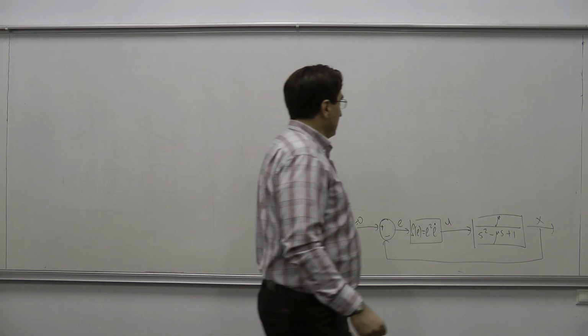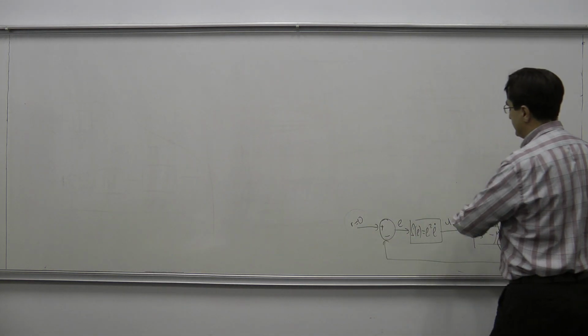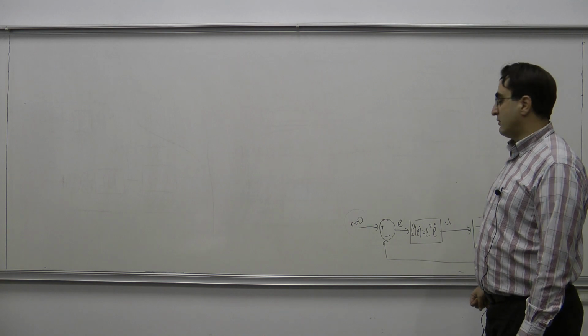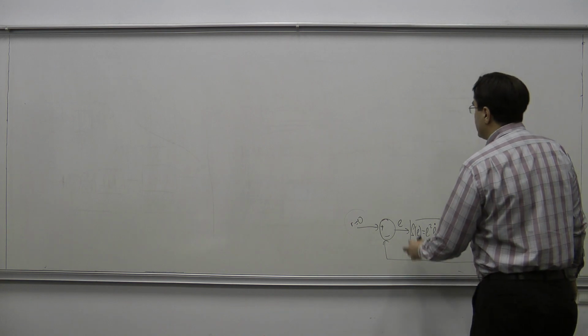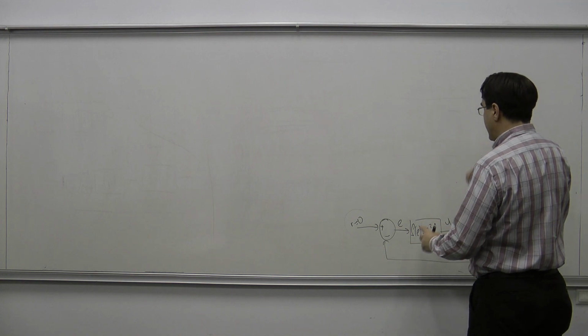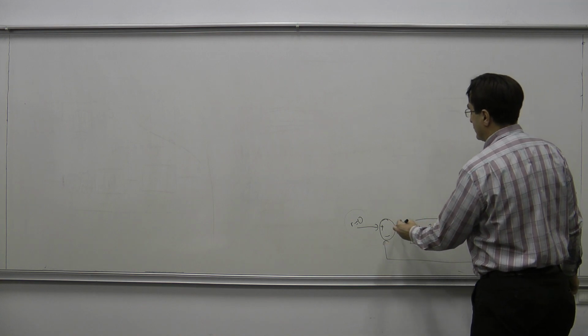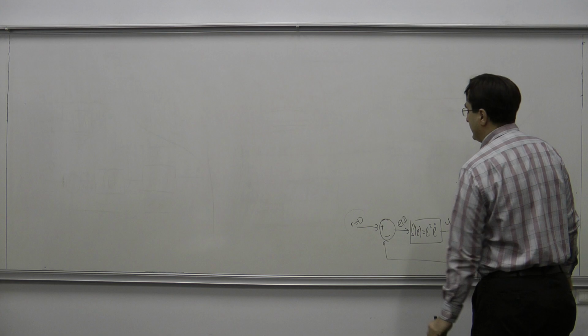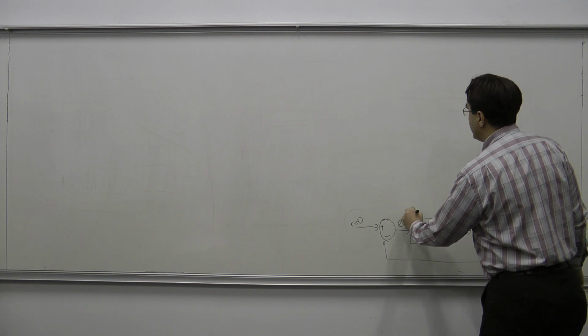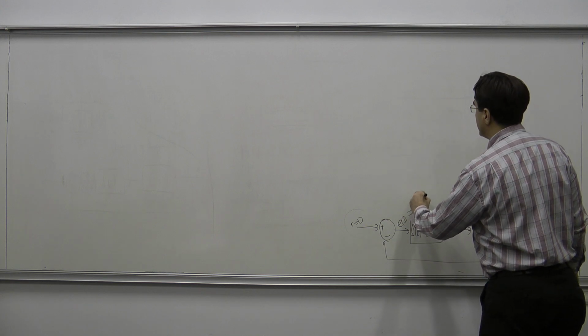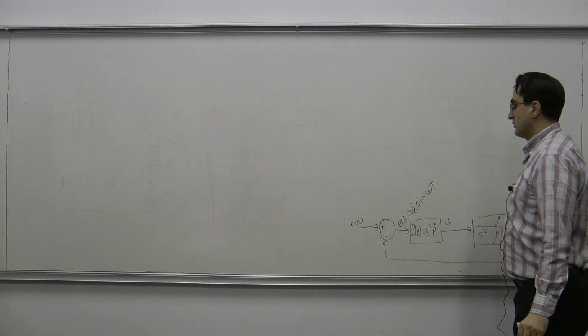So here let us see how we're going to replace this nonlinear block with this linearized version. In order to be able to work with oscillations, here is what I'm going to do. This signal is E of t, the error signal. I will assume that this signal has a pure sinusoidal oscillation. Okay?